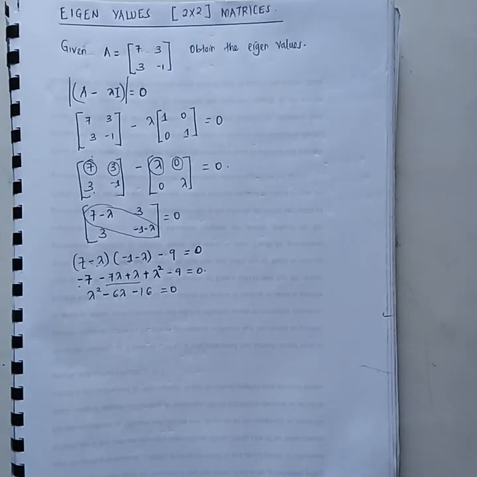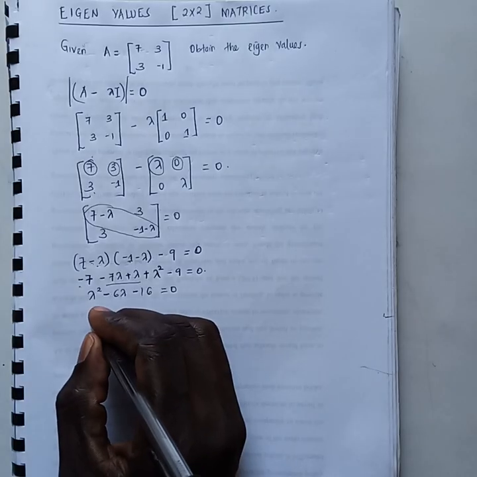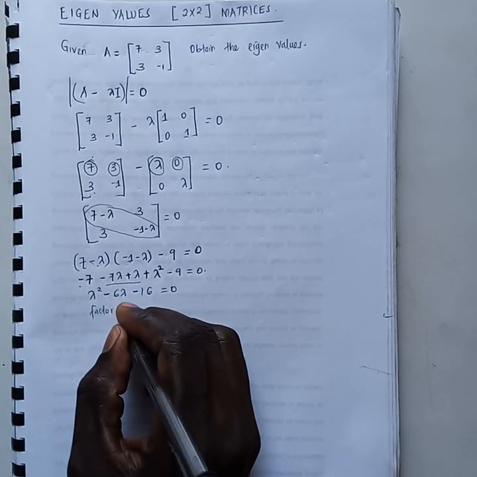Then from that point, we are going to solve this one as a quadratic equation. We can use any method. So in this case, I'm going to use factorization, and I'm going to find two numbers whose product is negative 16 and the sum is negative 6. So I can say that the factors, those two numbers, I'll call them factors.